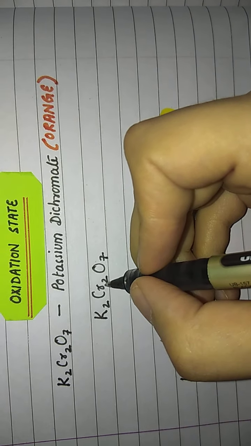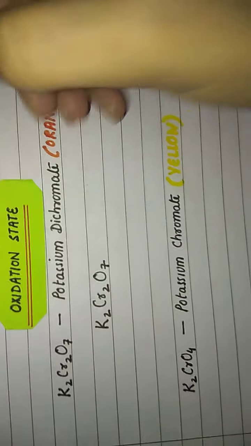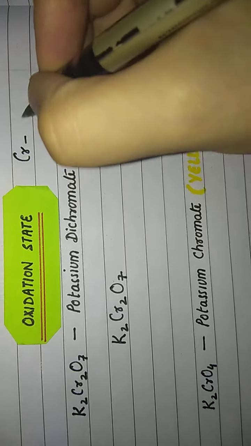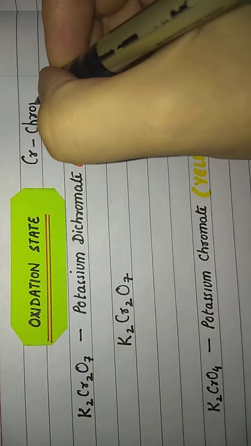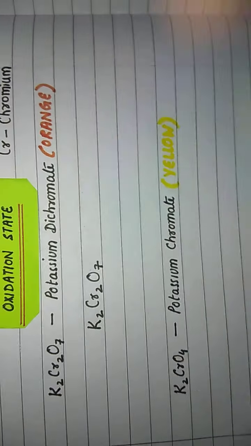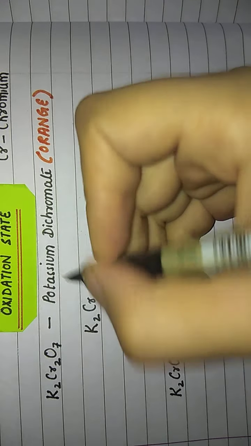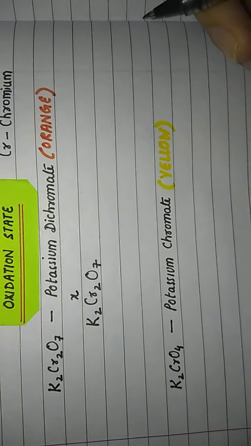This is potassium, this is chromium, and this is oxygen. Cr is chromium. Now in this molecule, if I ask you to calculate the oxidation state of chromium, I will let it be X.